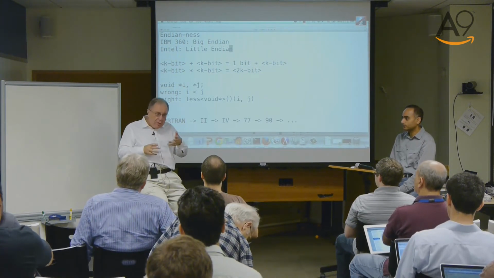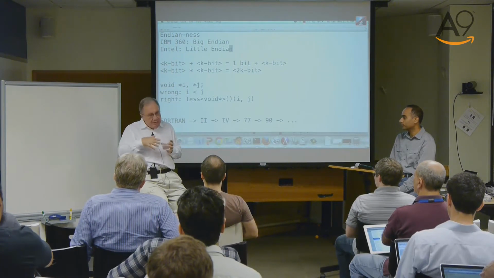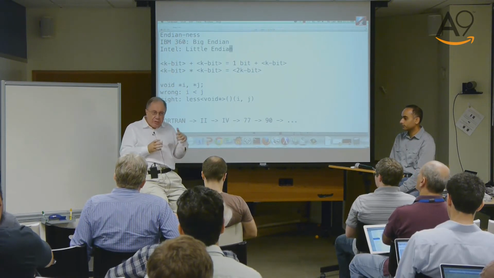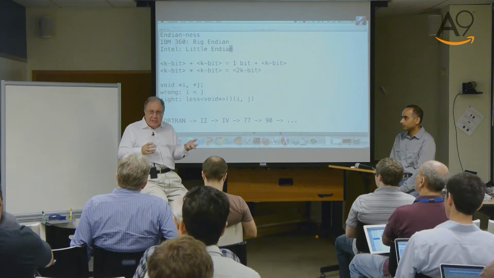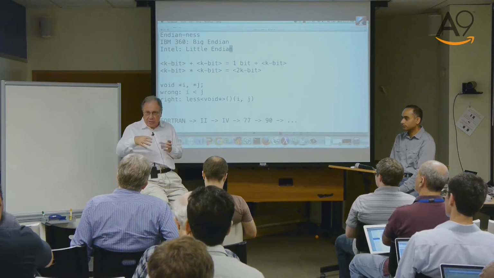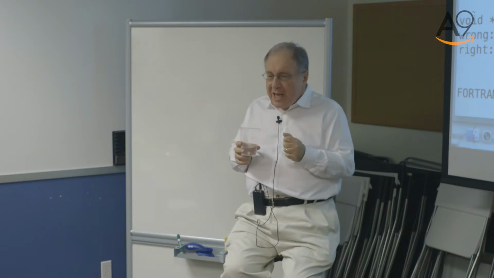There are people who are in this camp, there are people who are in that camp. If you do networking, sadly enough, you have to deal with big endian things because many of the network protocols were designed by big endian people. And if you program on Intel machines, as some of you do, you live in the little endian world.